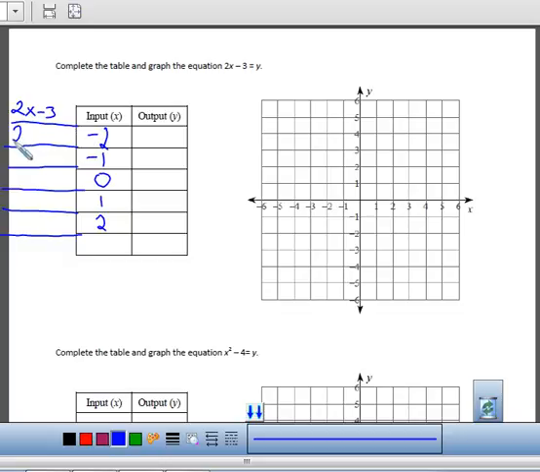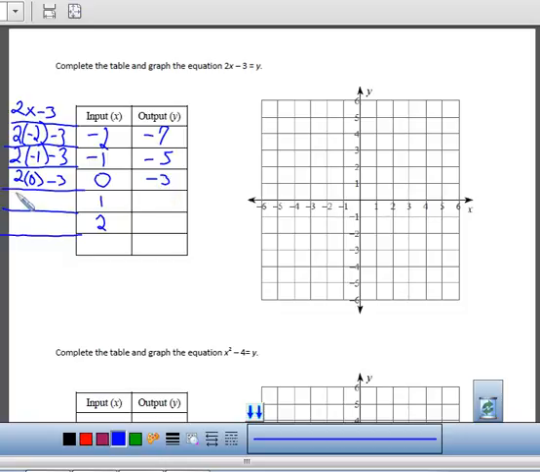We plug in the value for x, -2, and -2 times 2 is -4, minus 3 is -7. Now that unfortunately won't fit on this graph because it only goes down to -6. The next one will, though, -1. 2 times -1 is -2, minus 3 is -5. 2 times 0 is 0, minus 3 is -3.